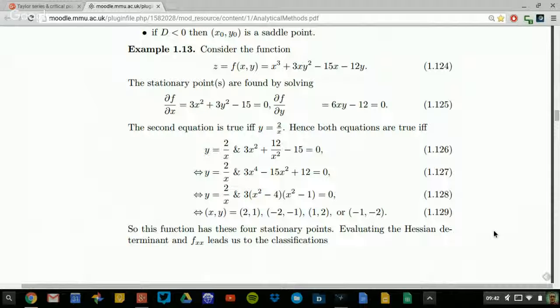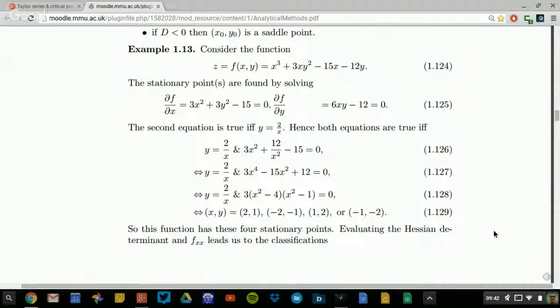When you simplify it a bit, on the second line there, it's looking like a quartic polynomial, 3x to the power 4. But of course, you only have an x to the power 4, an x squared and a constant term. So although it looks like a quartic, it really isn't that complicated because it's just a quadratic in x squared.